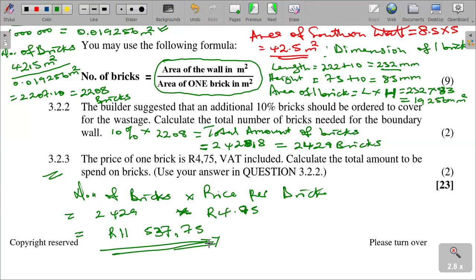So that is the total amount: number of bricks times price per brick. That is how we get the total amount that is going to be spent there. You understand? I hope it is making sense. Let's just go to the next question.